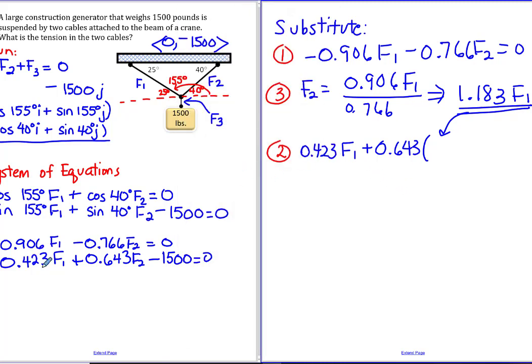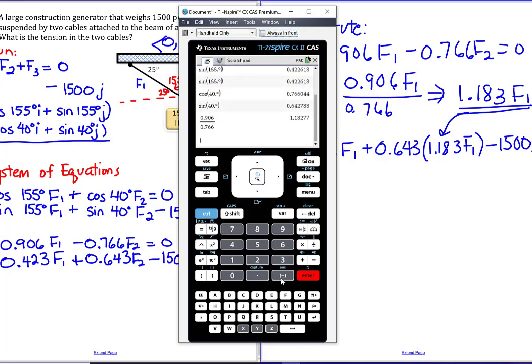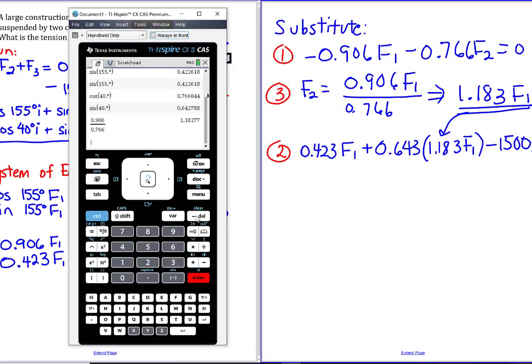So 0.423 over here on F1 plus 0.643 times F2. But F2 is this, 1.183 F1, minus 1500 equals 0. So let's do this arithmetic here. We got 0.643 times 1.183.